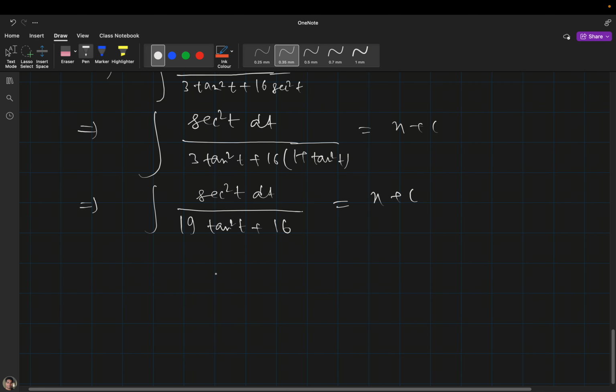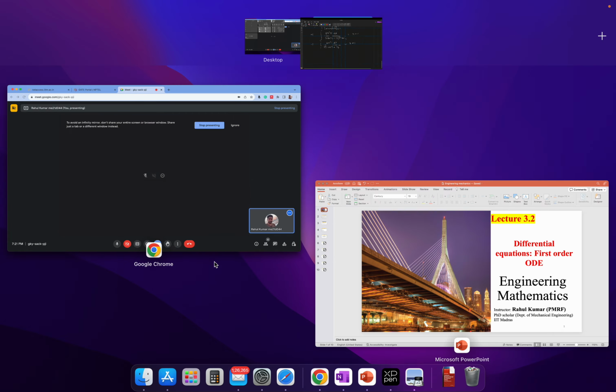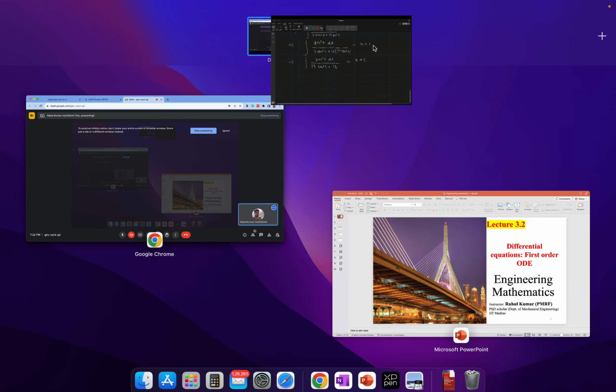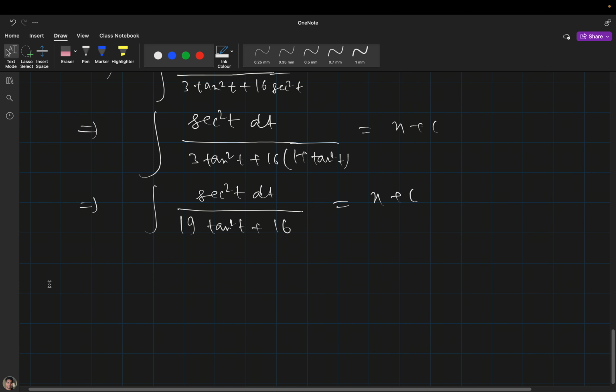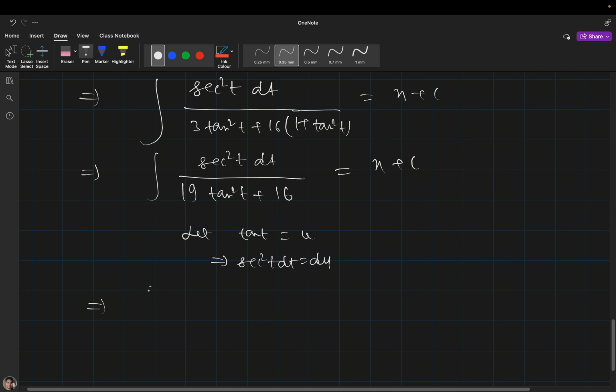Let tan t equal to u. Then you will see sec square t dt equals du. Then it will become du divided by 19 u square plus 16 equal to x plus c.